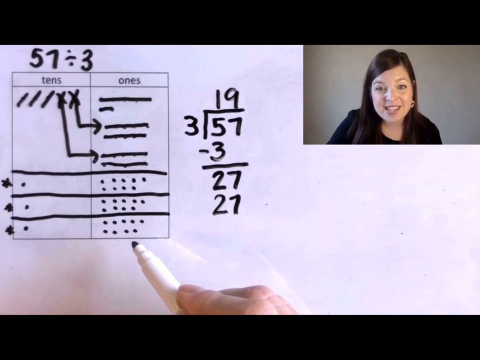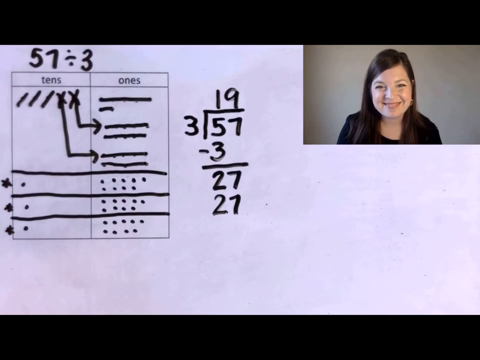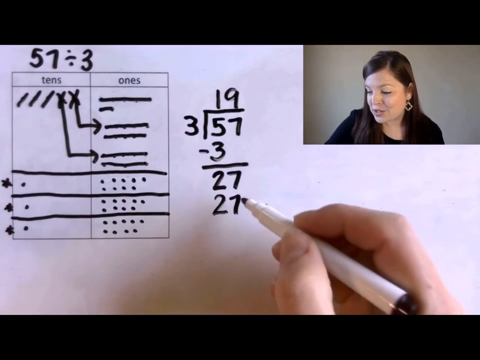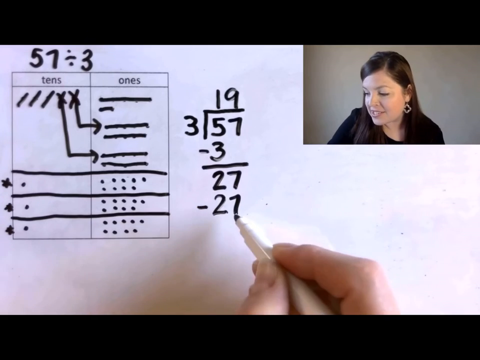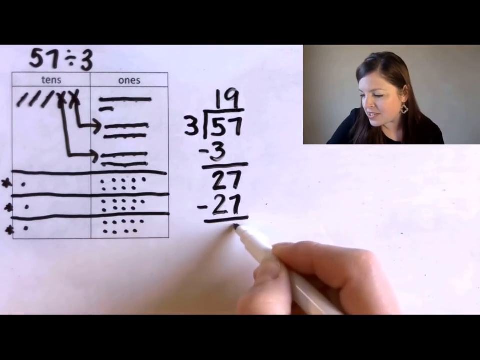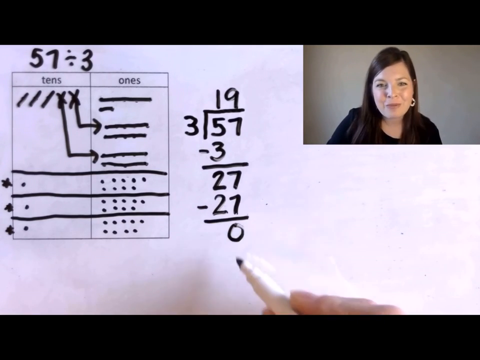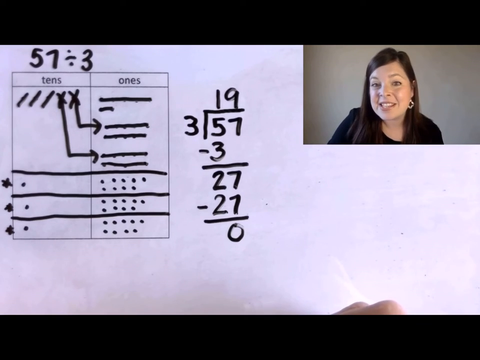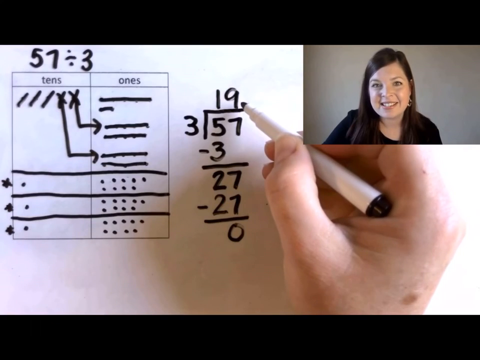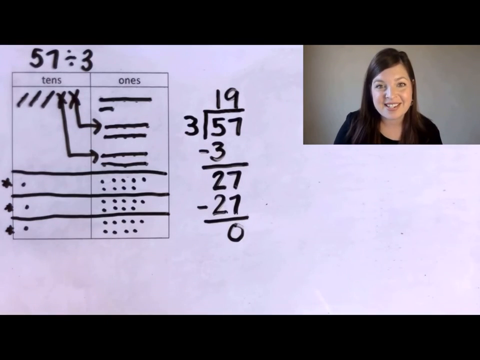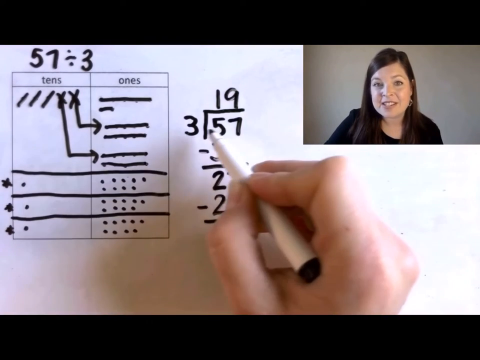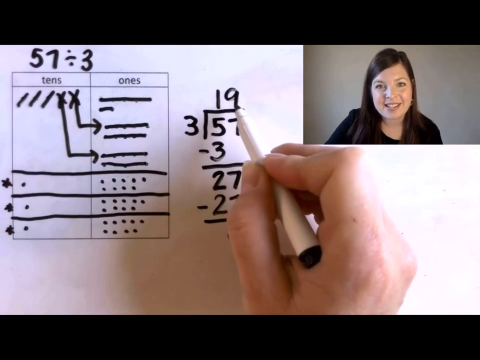Say a subtraction sentence that tells us that. 27 ones minus 27 ones equals 0 ones. So we have 0 ones remaining. And so what's the quotient? The quotient is 19. Say the whole division sentence. 57 divided by 3 equals 19.